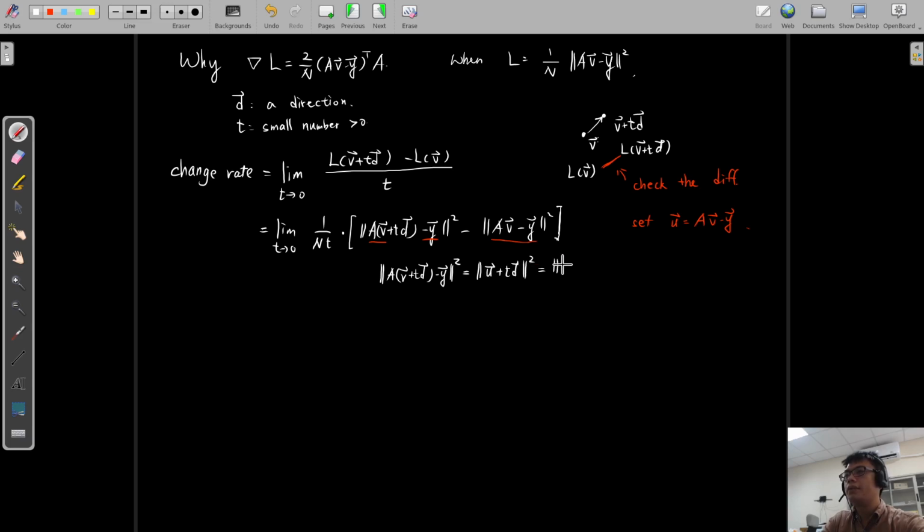So it is going to be the length of u squared, plus 2 times the inner product of u and td, plus td squared. And somehow you can take some t outside. It is 2 times t and u inner product with d. And the last one you can take t squared out from the square.